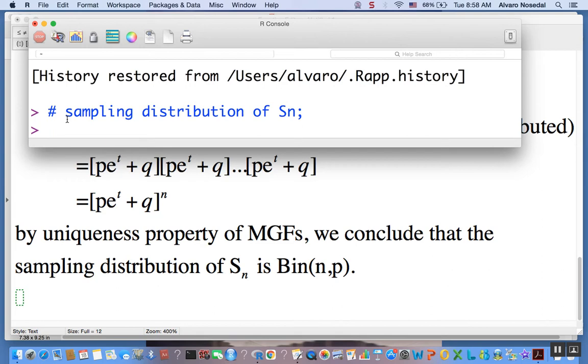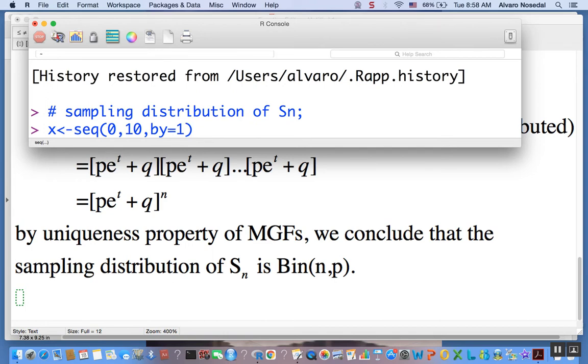Okay, let me create an object called X, and X will get a sequence that goes from 0 to 10. The distance between each of those is going to be 1.